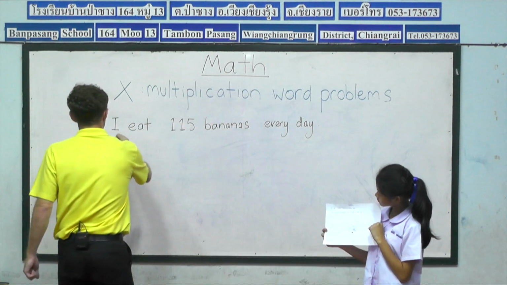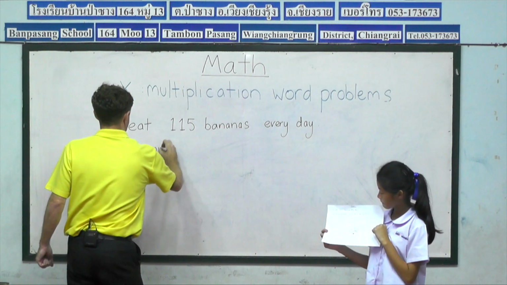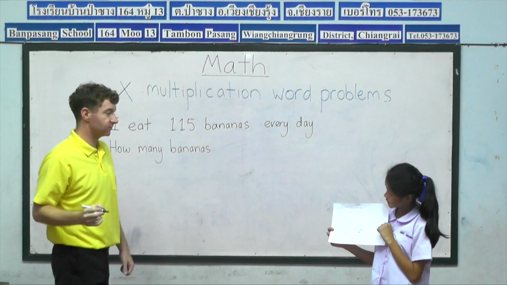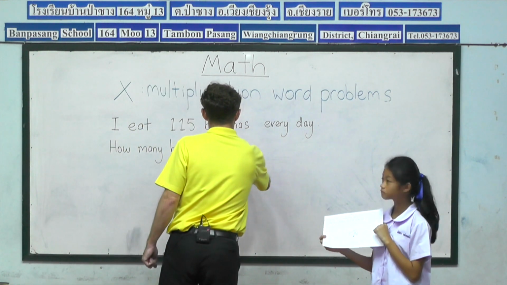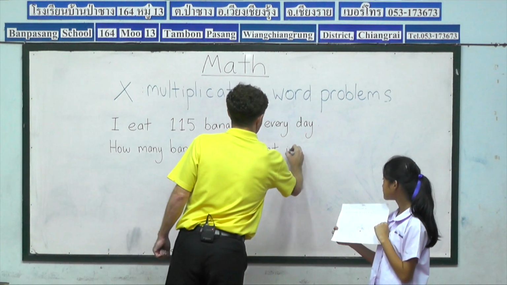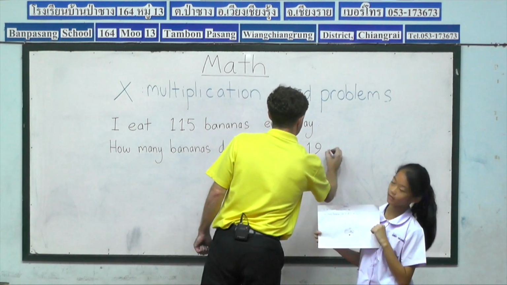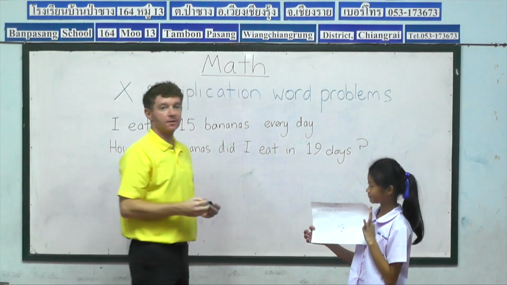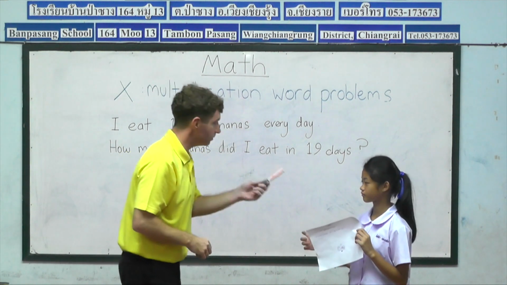How many bananas did I eat in 19 days? 19 days. Question mark. And now it's time for Dawn to answer her multiplication word problem.